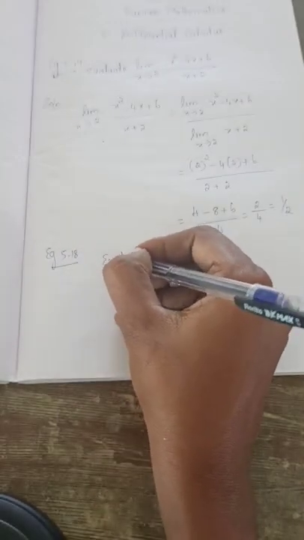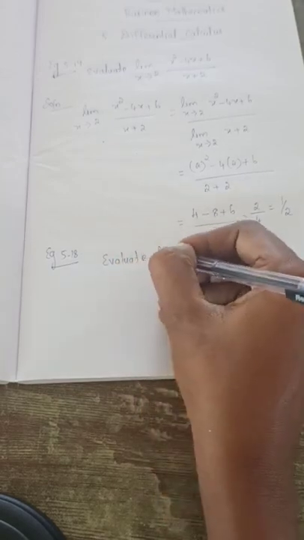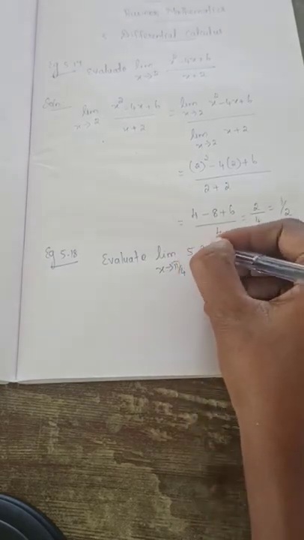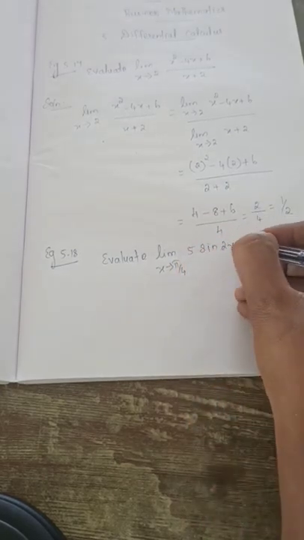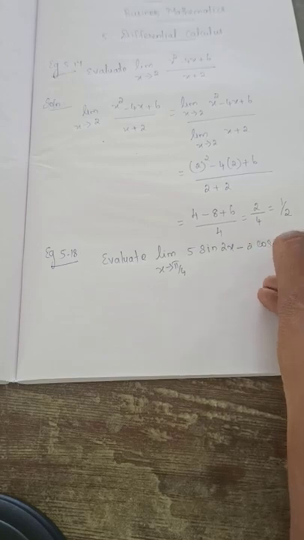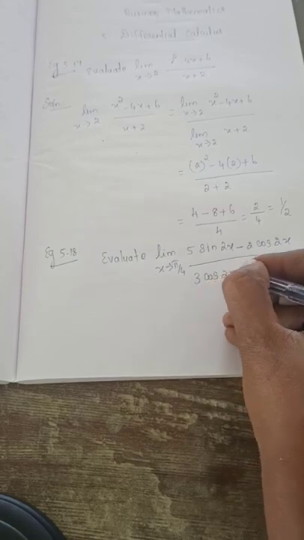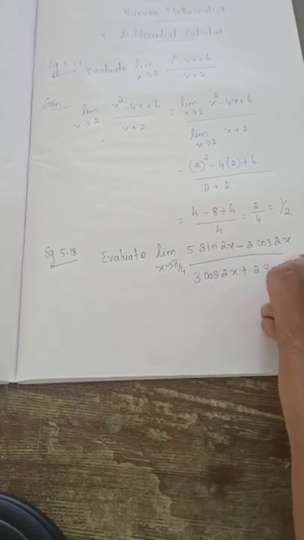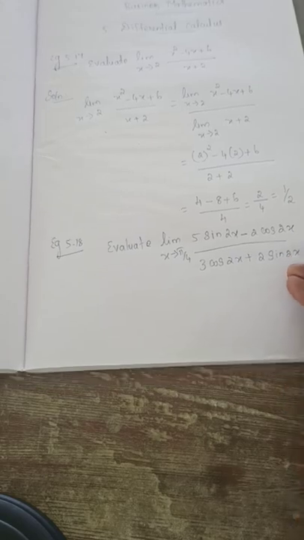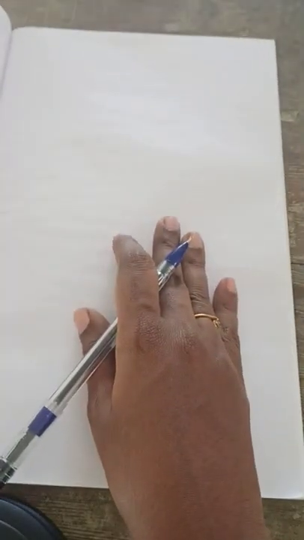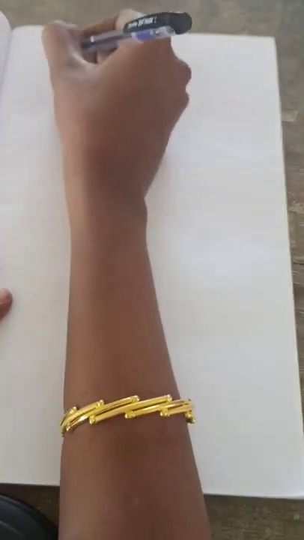Example 5.18. Evaluate limit x tends to pi by 4 of 5 sine 2x minus 2 cos 2x divided by 3 cos 2x plus 2 sine 2x. Here also there is a numerator and denominator, so we will take the limit for both separately.